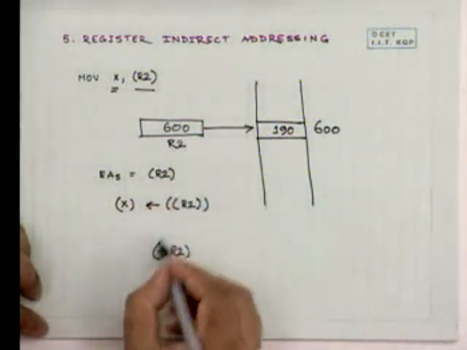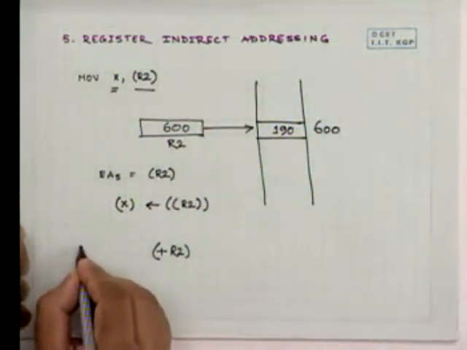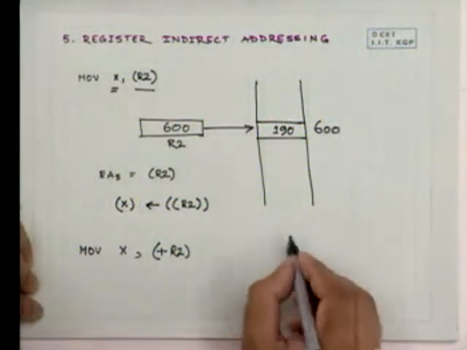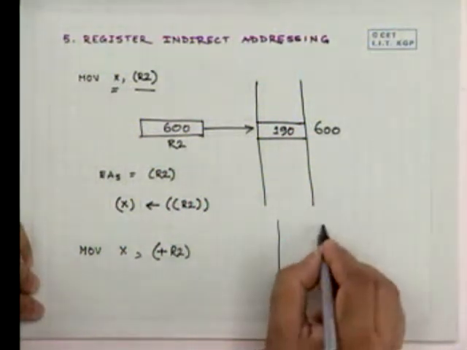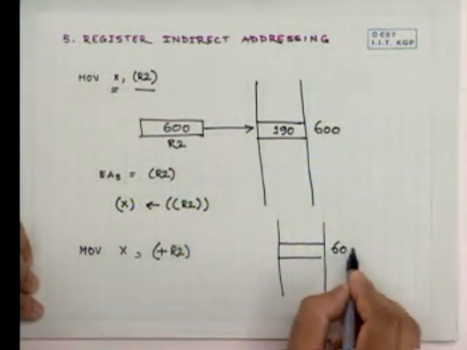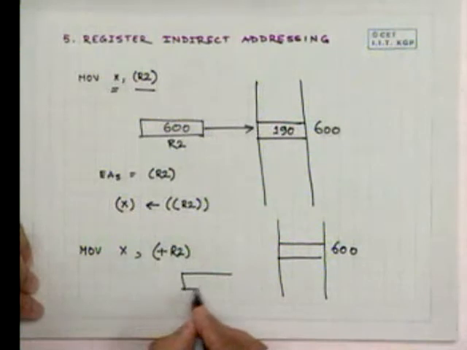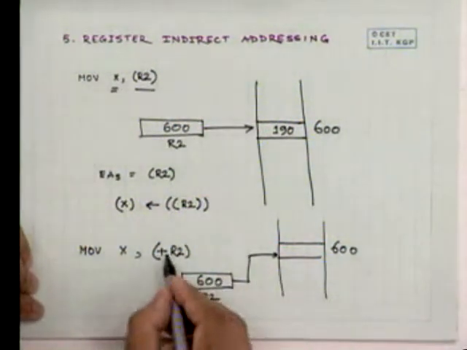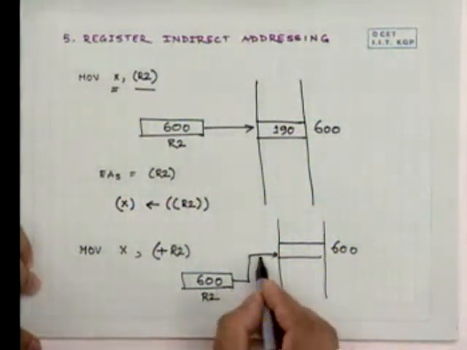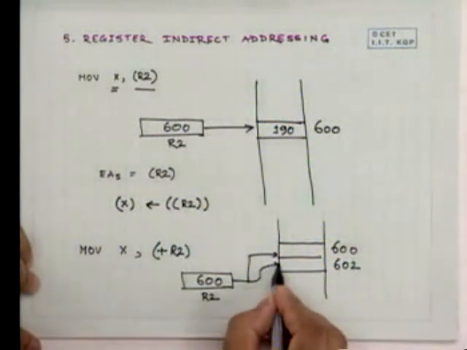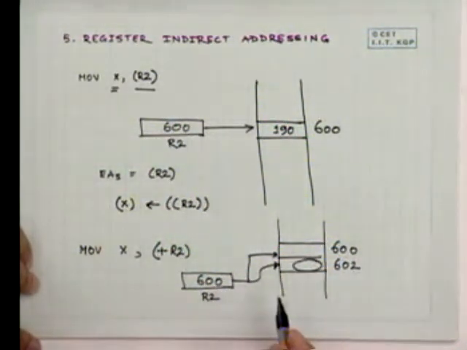The effect of this, say if I say move X this, and R2 was containing 600 and this instruction has been executed, then R2 will first be incremented to say 602, then its content will be taken, right?